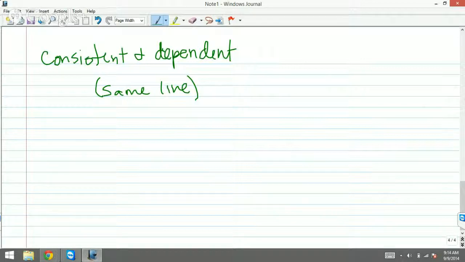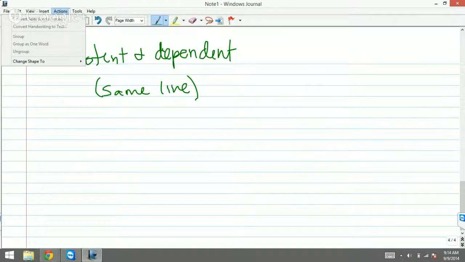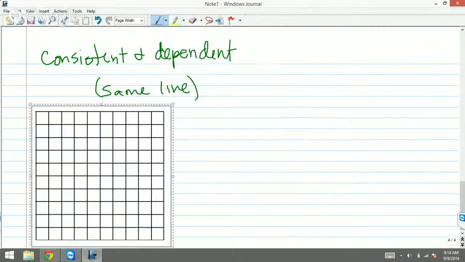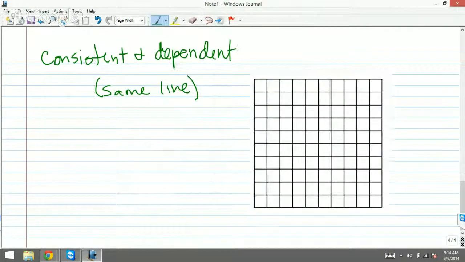Okay, so if you have a consistent and dependent system, it's the same line. What does that mean?